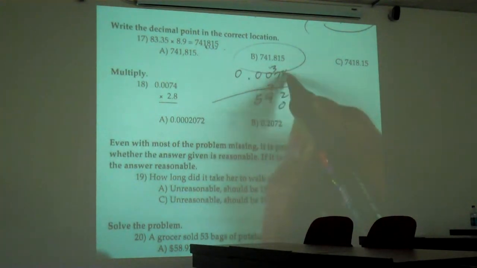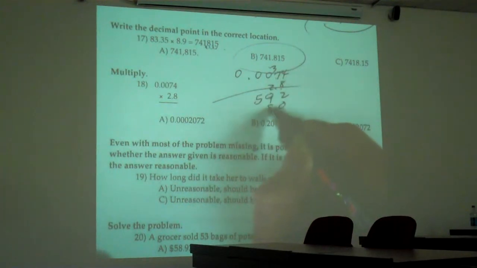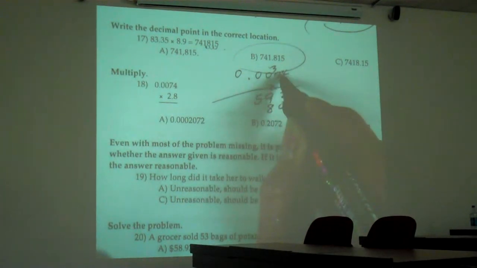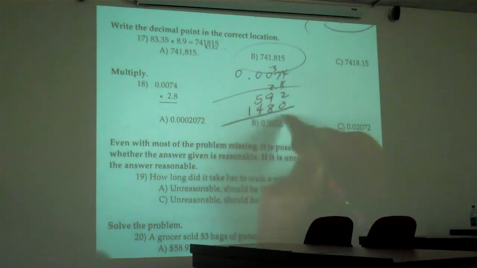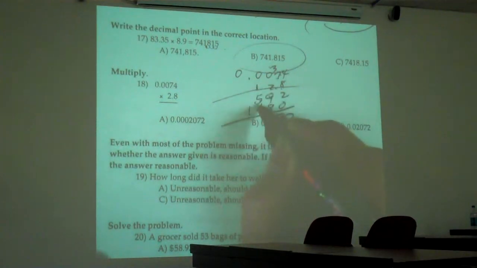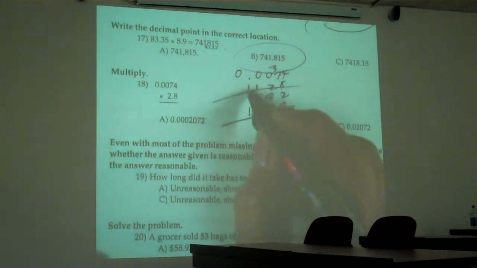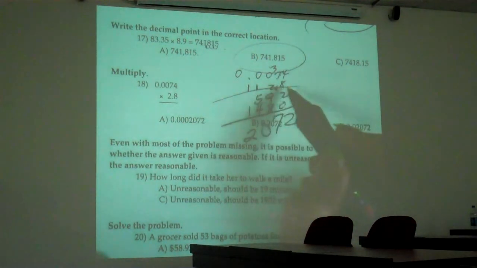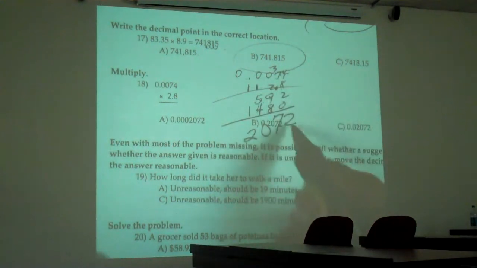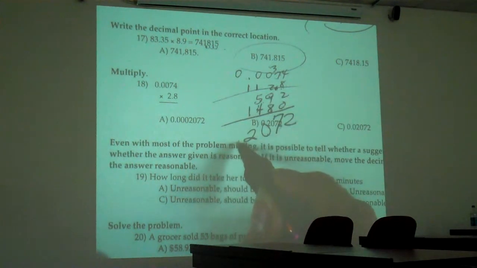Okay, 2 times 4, 8, 2 times 7, 14. 9 and 8 is 17, 5, 6, 7, 8, 9, 10, 22. Now you gotta move it back. 1, 2, 3, 4, 5.